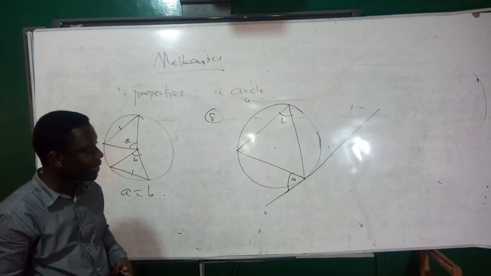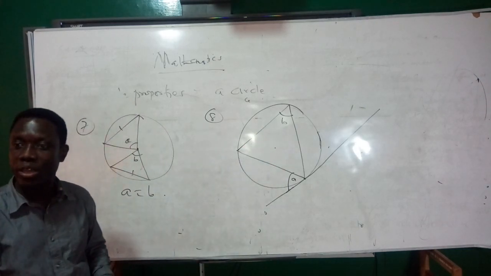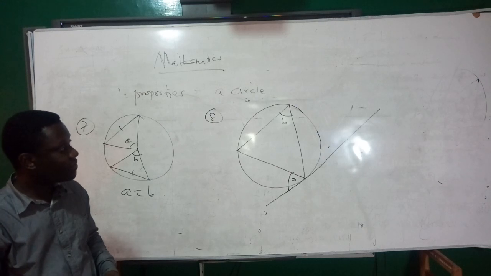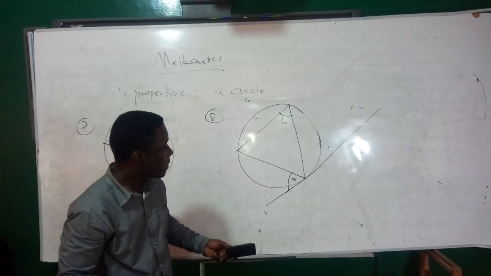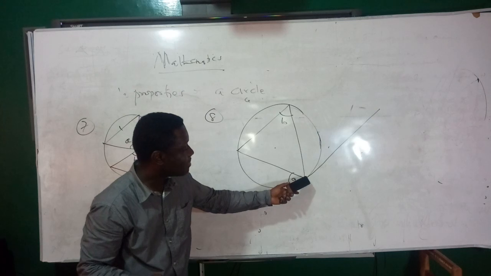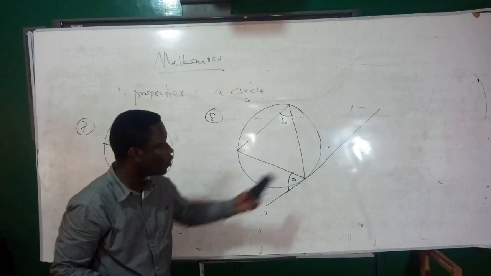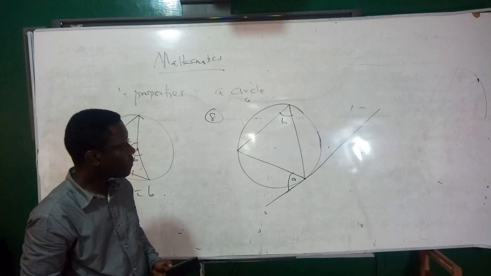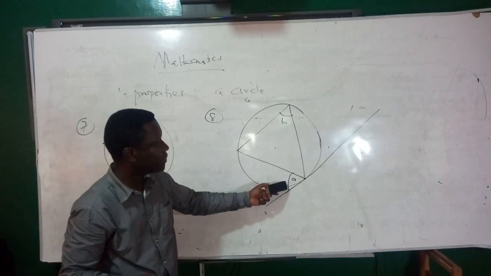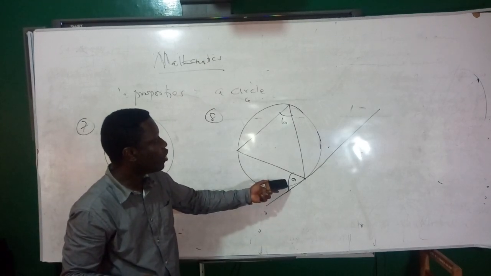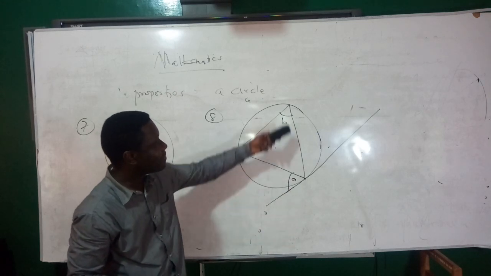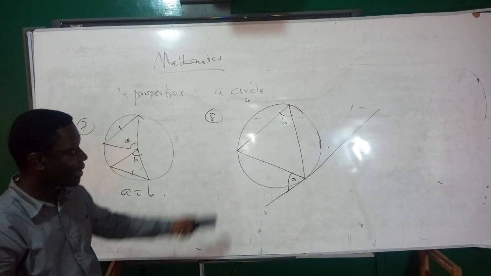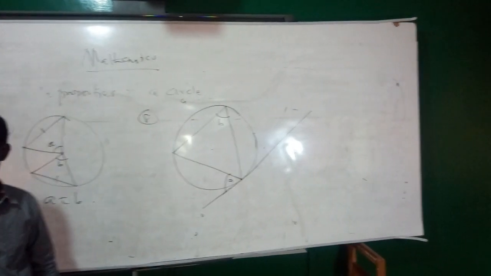Now the rule says that these two angles are supposed to be equal. So now let me state the property for you. It says that the angle formed by a tangent and a chord through one segment is supposed to be equal to the angle subtended at the circumference by that same chord in the other segment.